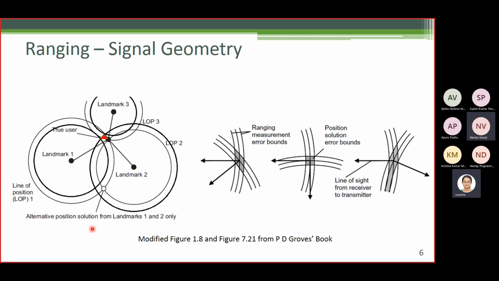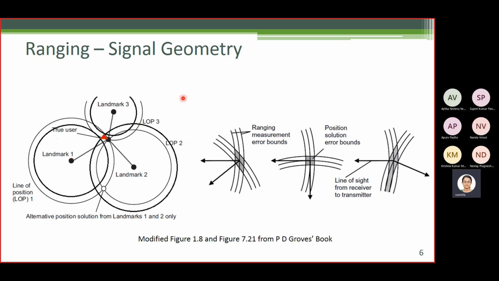So it is possible that they intersect this way in a skewed manner like this. They can intersect almost orthogonally, right? Now when they intersect almost orthogonally, then only we can reduce the area of uncertainty. So it depends on how the transmitters are distributed with respect to the user.